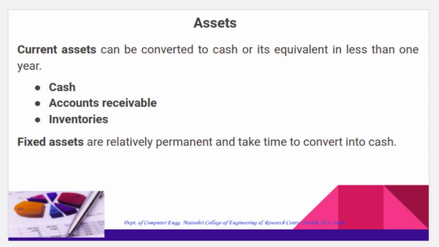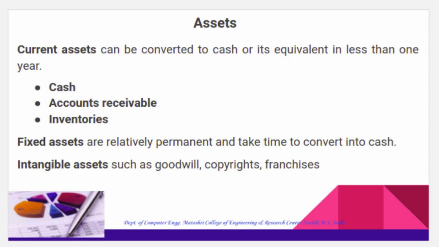The most common fixed assets are the physical investment in the business, such as land, building, factory, machinery, office equipment, and automobiles. There is one important term, intangible assets, such as goodwill, copyrights and franchises.